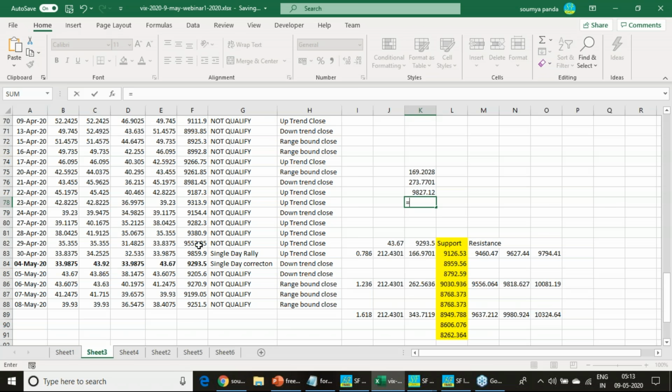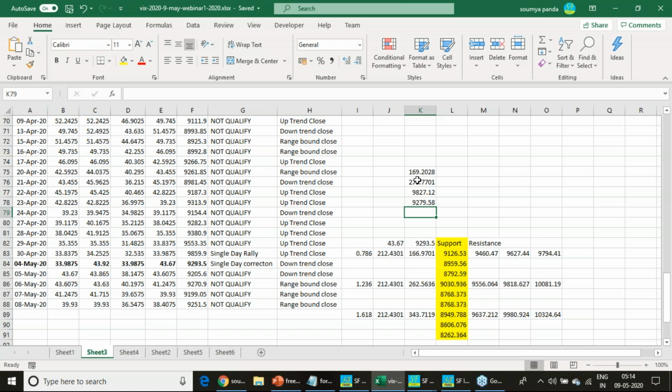And if the price closes below 9279, I can say it is a single day fall or correction. A single day rally or correction is classified on the day the price closes above the 1.618 retracement level of the VIX price range.